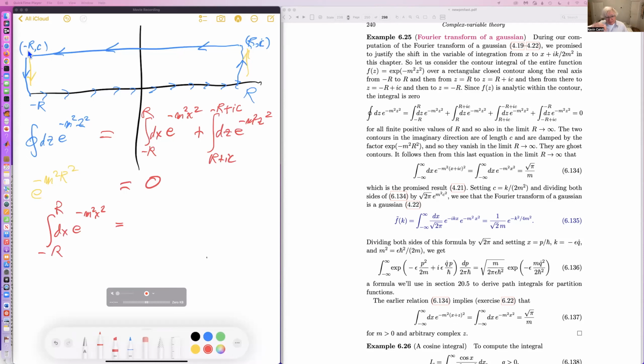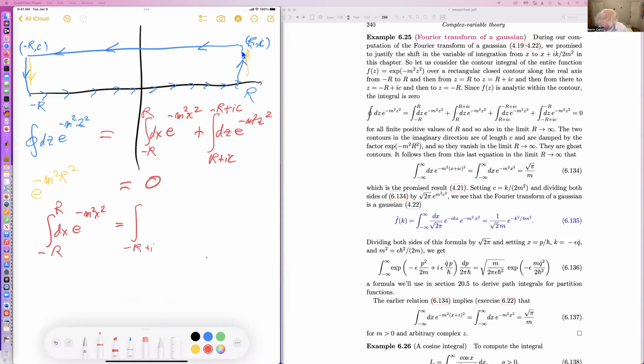And if we flip the sign, in other words, instead of going this way, we go that way, then it's an integral from minus r plus ic to r plus ic, and we can call it dx e to the minus m squared (x plus ic) squared.